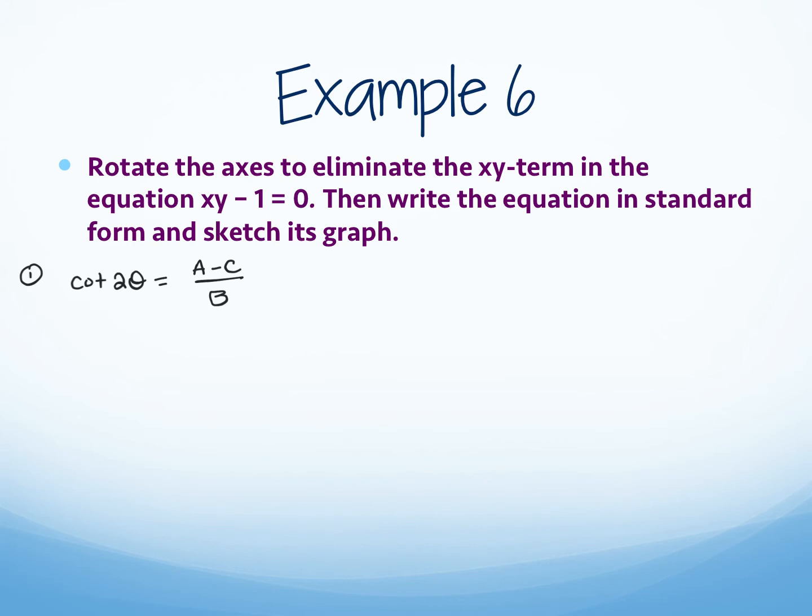What's in front of the x squared? 0. What's the C, or what's in front of the y squared? 0. What's the B, which is in front of the xy? 1. So I get 0 over 1, which is what? 0. So cotangent of 2 theta equals 0.